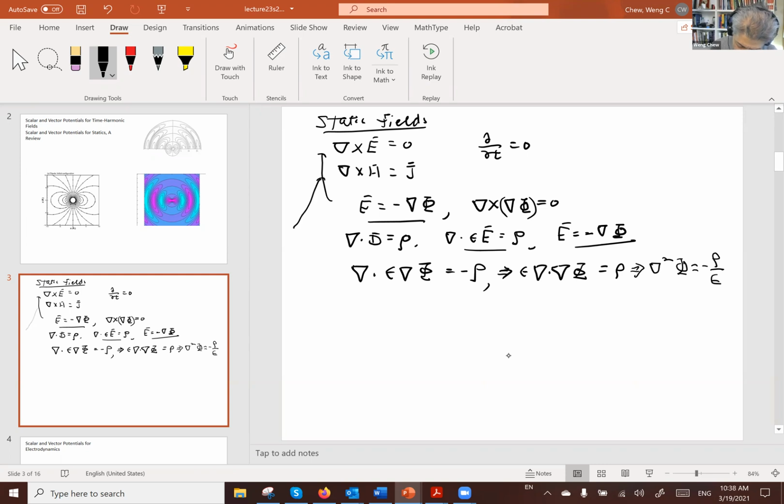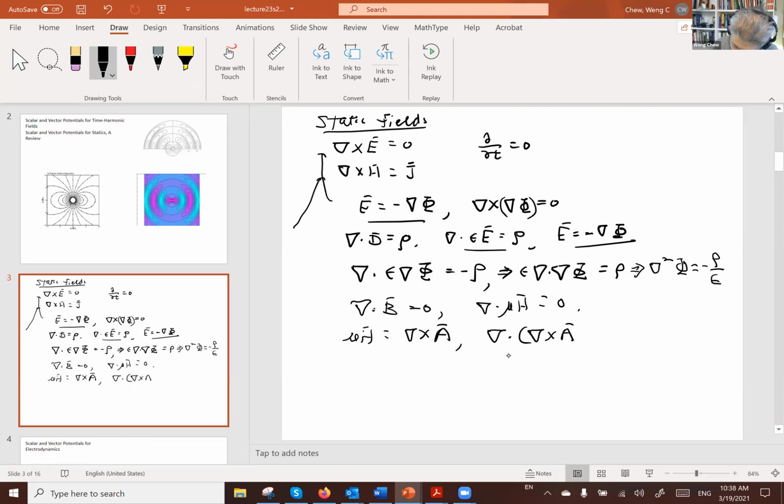How do we solve the magnetic field part? With the anticipation that divergence of B is equal to 0, which means the divergence of mu H equal to 0, we let mu H be equal to the curl of A, using the fact that the divergence of a curl is always equal to 0.